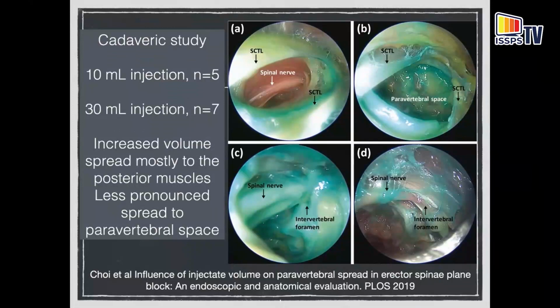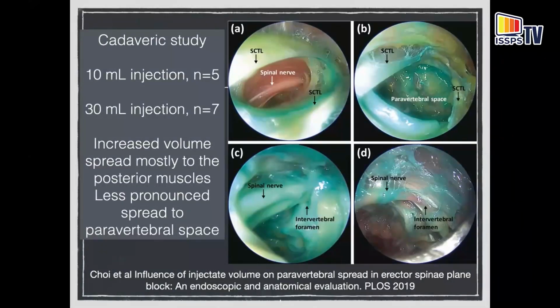So we're getting a theme here that with these anatomical studies, mostly the spread is being documented posteriorly, not anteriorly to the paravertebral space. Although I do acknowledge there are variations in the results that have been published, and Dr. Adhikari is publishing different results to the other studies.